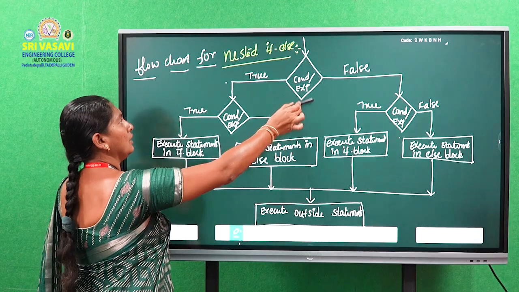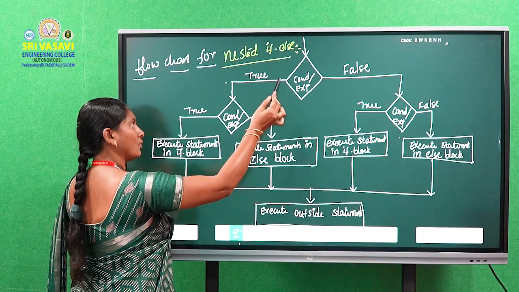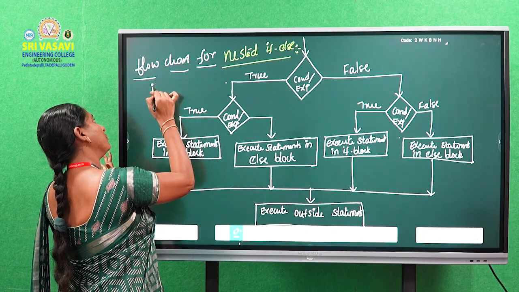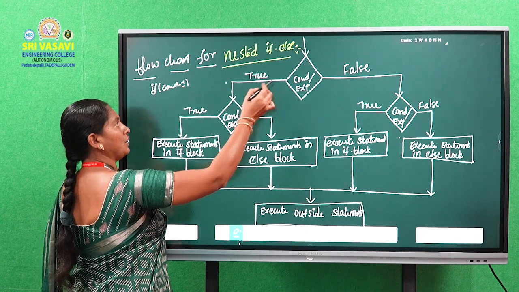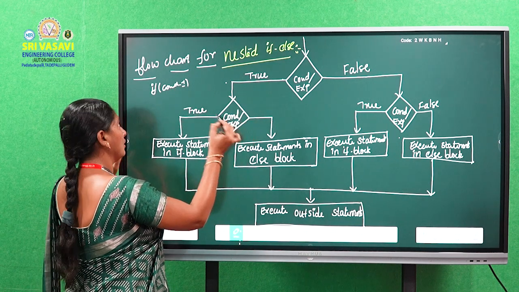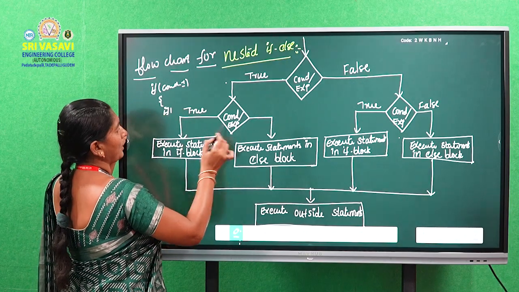So let us see. Initially I am checking one condition. If this condition is true, that means first I am writing if. This is called condition 1. If this condition is true, I will enter into the if block. Here I will check one more condition.